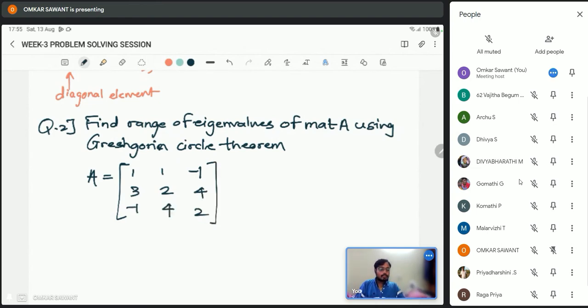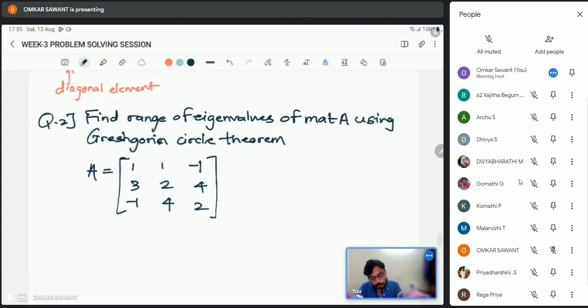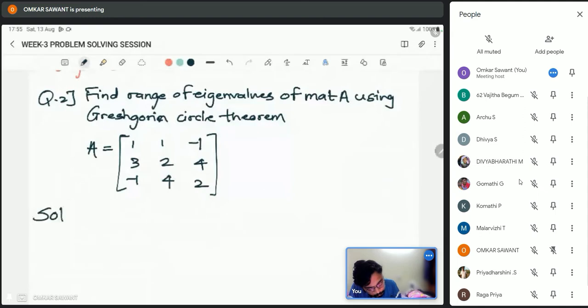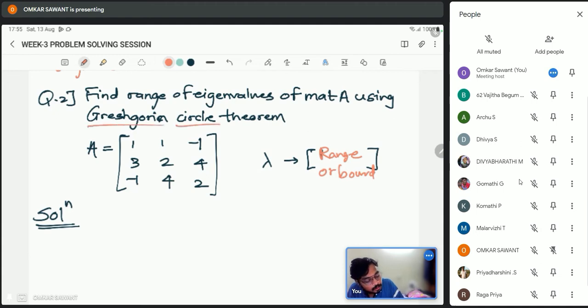We know the eigenvalues. How can we compute the eigenvalues? But without computing eigenvalues, we can find the range, or bound, in which the eigenvalues will lie, using this Gershgorin circle theorem.